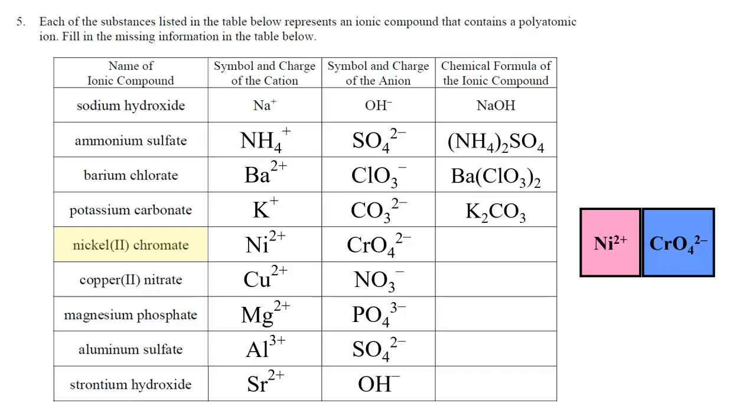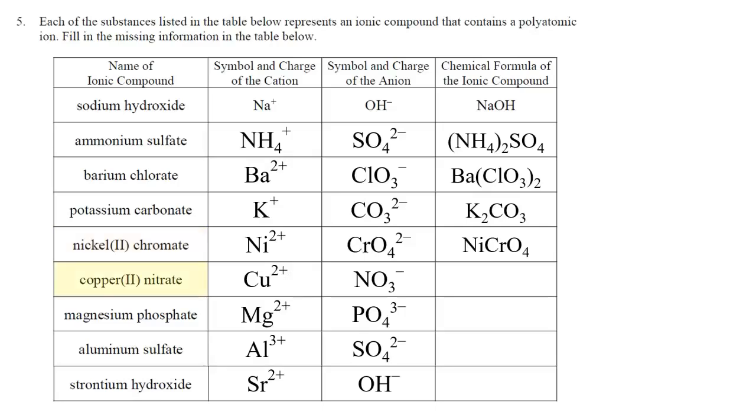And when you put them together, the charges are already balanced. So all I have to do is write NiCrO4. No parentheses, no extra subscripts or numbers added, just a 1-to-1 ratio between nickel +2 and chromate CrO4 -2.